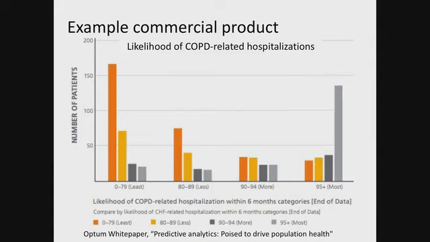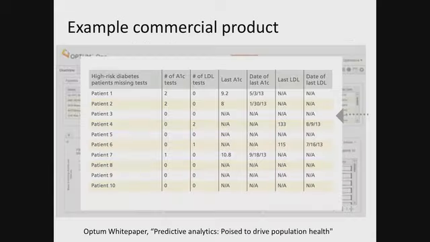And then one could dig in deeper. So for example, you could click on one of those buckets and try to see, well, who are the patients that are highest at risk? And what are some potentially impactful aspects of those patients' health? Here I'm showing you a slightly different problem, that of predicting high-risk diabetes patients.